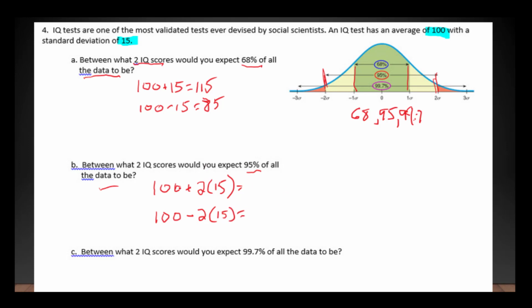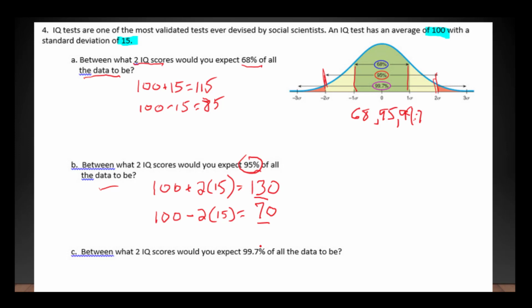So this would be 30 plus 100, and this would be 100 minus 30. So you would expect 95% of all the scores on an IQ test to fall between 70 and 130.